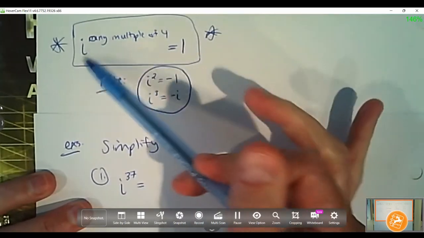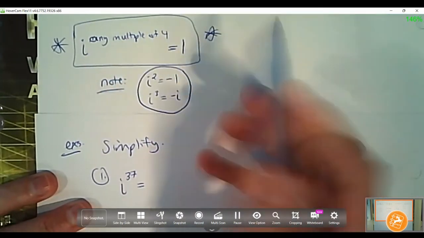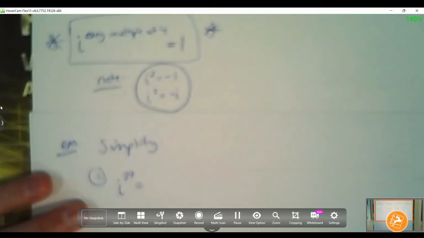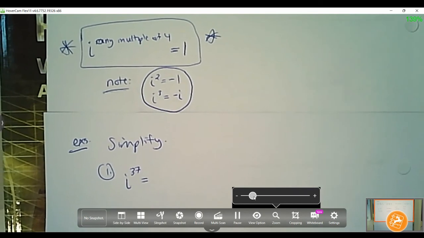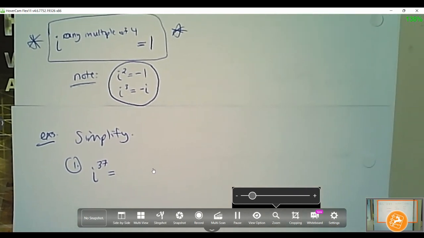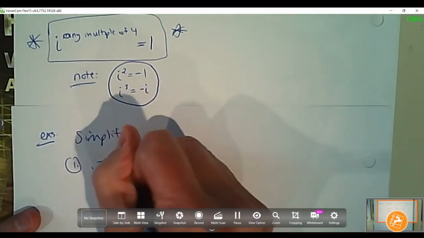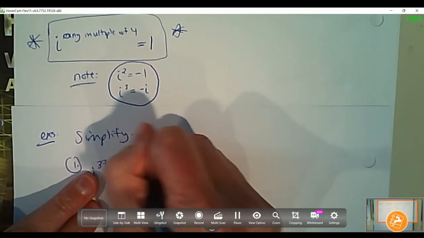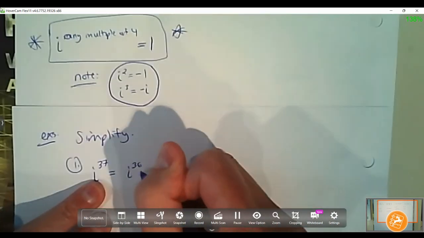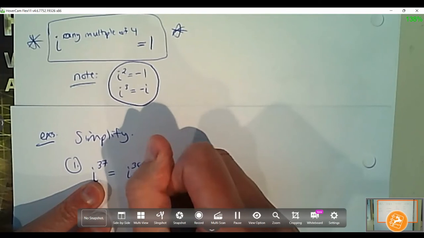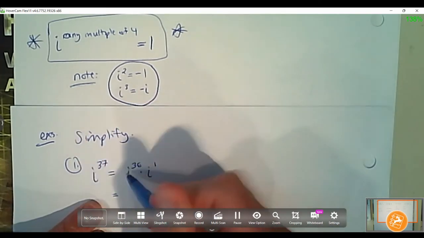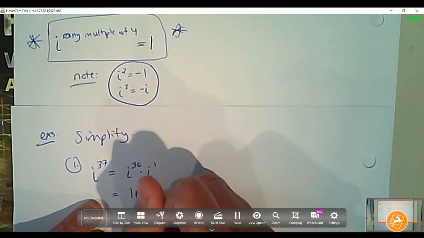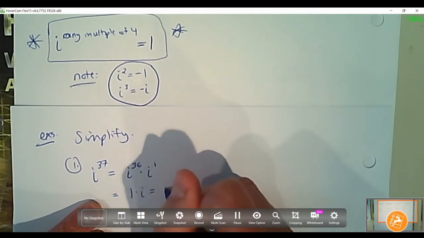So if we know that i to any multiple of 4 is going to be 1, here's how I like to do this. And again, there's a lot of different ways you can do this. Here's my favorite way. What we're going to do is find a multiple of 4 that's really close to 37, but always go smaller. Okay. So a multiple of 4 that's close to 37 is 36. So I can rewrite i to the 37th as i to the 36th times i to the first. i to any multiple of 4 is 1, and i to the first is just going to be i.